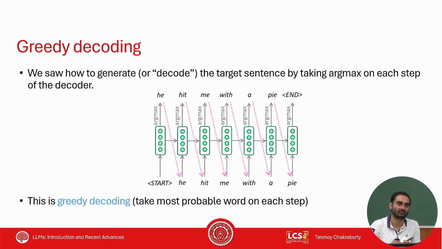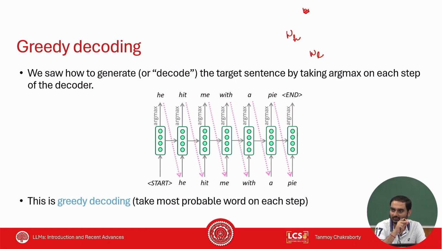Now during the inference stage, since there are two RNNs, encoder and decoder, how many weight matrices are there? In the encoder, how many weights are there? There is this WH, there is this WE, and there is this U. Actually, U is not there in the encoder. What is U? The U matrix was the linear projection matrix, right?